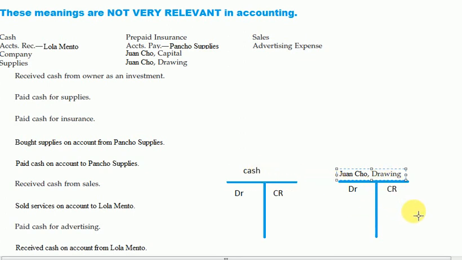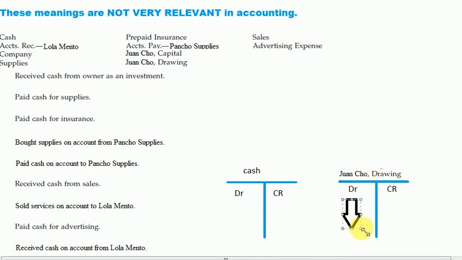So drawing is very similar to expense in the sense that both drawing and expense decrease owner's equity. So that tells you something, right? That tells you that drawing has to be automatically applied to debit.